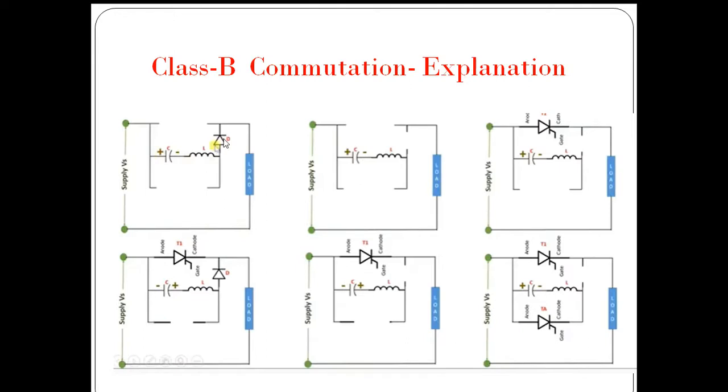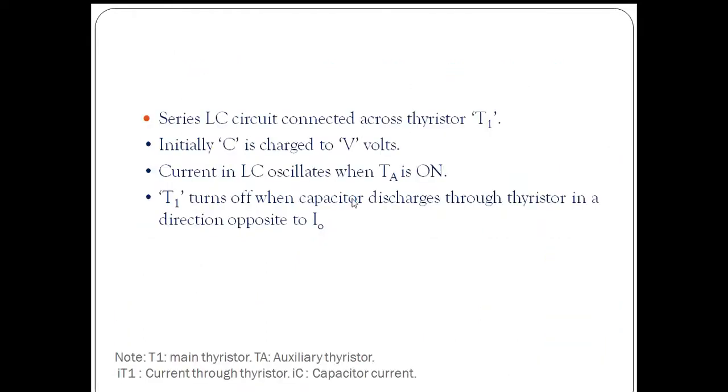So with that reverse bias, the device will turn off. This capacitor voltage will appear across main thyristor T1 and the thyristor T1 will turn off. So this is how the class B commutation circuit will operate for turning off the thyristor.